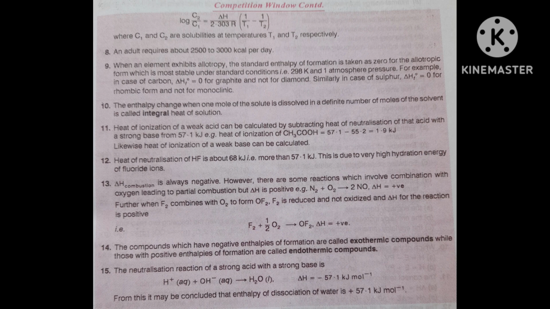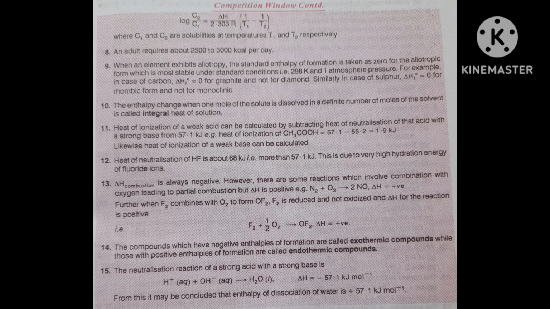Now the next important point: the heat of neutralization of HF, hydrogen fluoride, is about 68 kilojoule. Very, very important questions I am discussing now. That is more than 57.1 kilojoule, because for a strong acid and a strong base the heat of neutralization is 57.1 kilojoule.